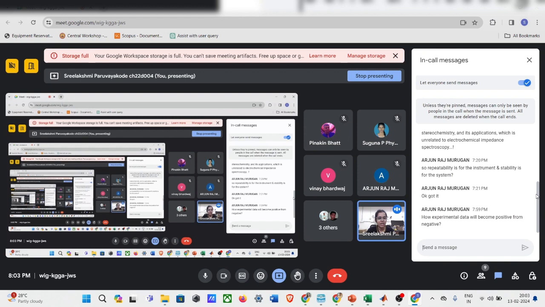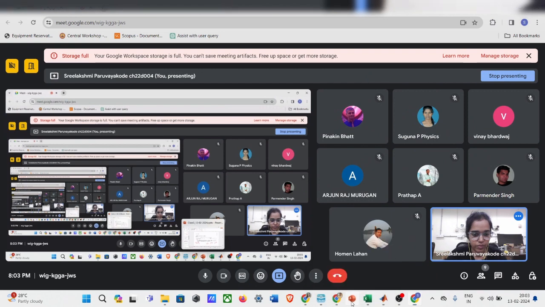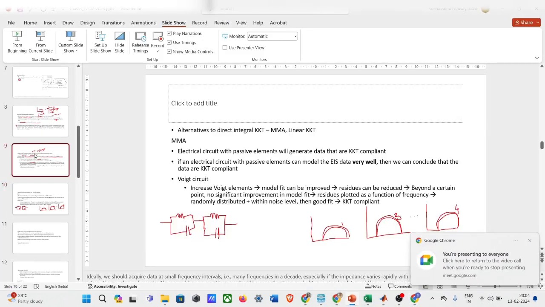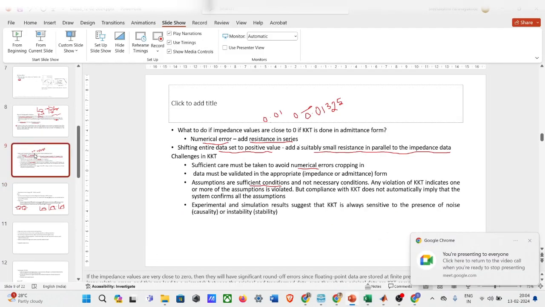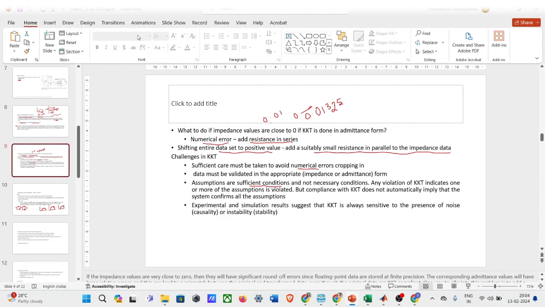How the experimental data will become positive from negative. Imagine, yes, so basically it is in parallel.